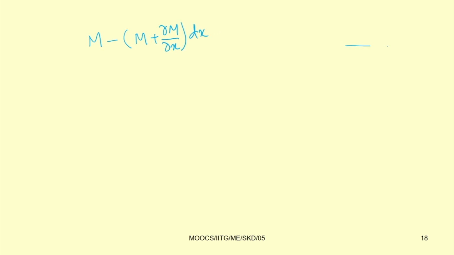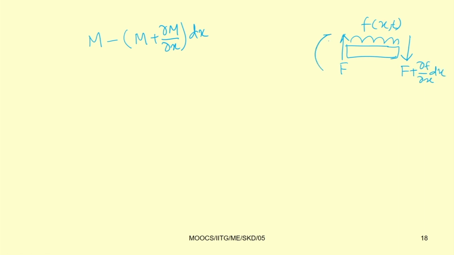You just see, we have this loading, small f(x,t). This is the shear force, capital F we have taken, and this is F plus del F by del x into dx.